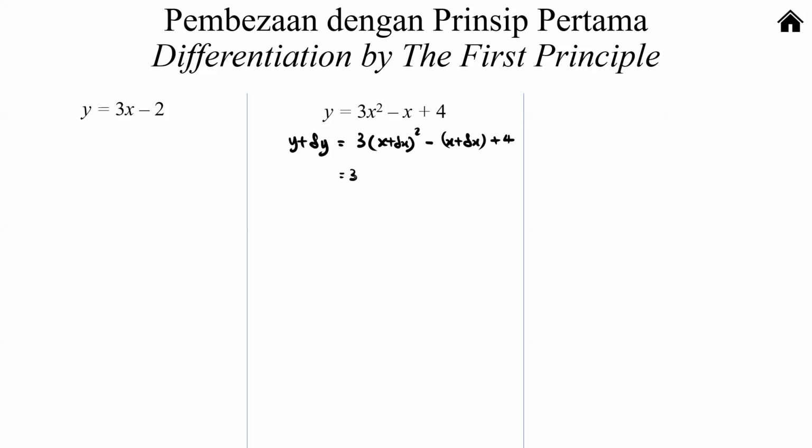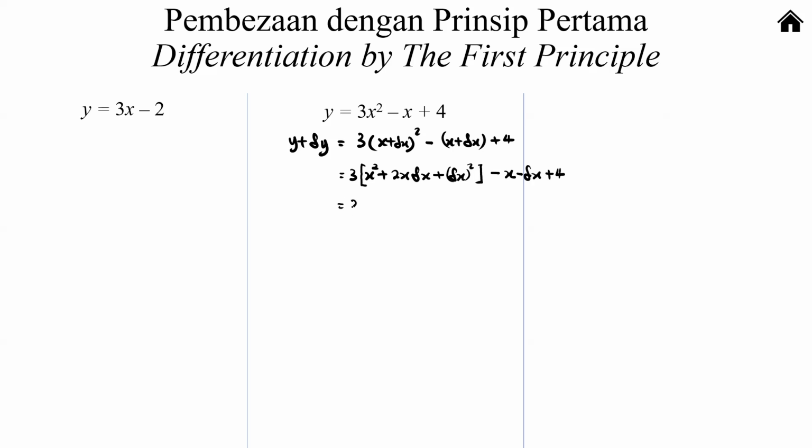So we have 3x squared plus 2x delta x plus delta x squared, and then minus x minus delta x plus 4.